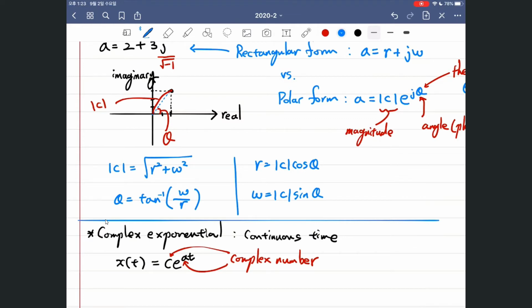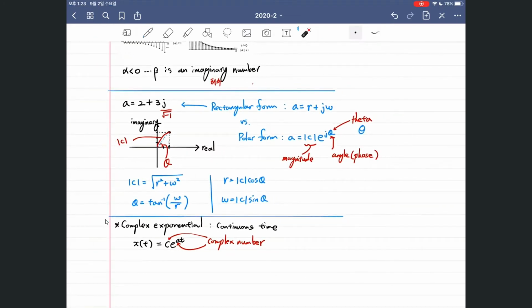Okay, so we can obtain either parameter from the other values. So we had a break time reviewing the rectangular form and the polar form of the complex number.